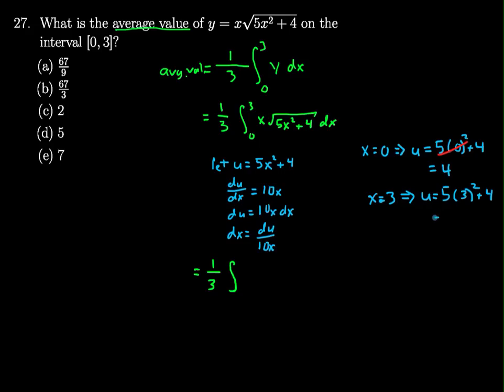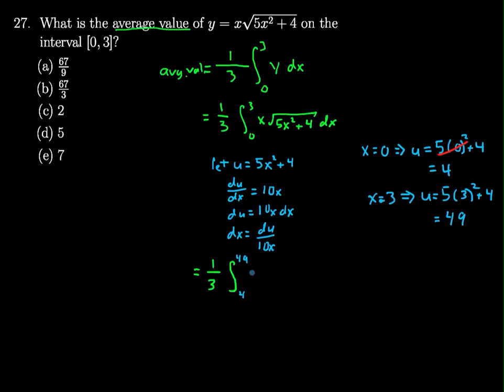Plus 4 is 49. Okay, so when I go into this u context here, I'm actually going to have to change my limits to have them go, instead of from 0 to 3, I have them go from 4 to 49.